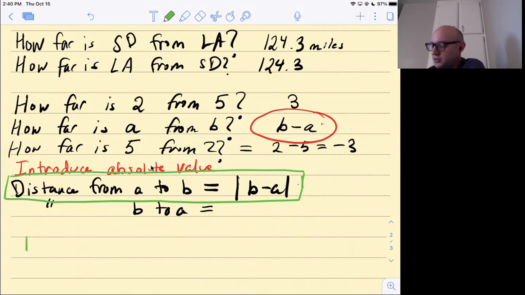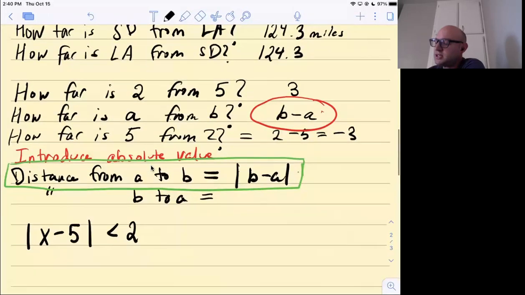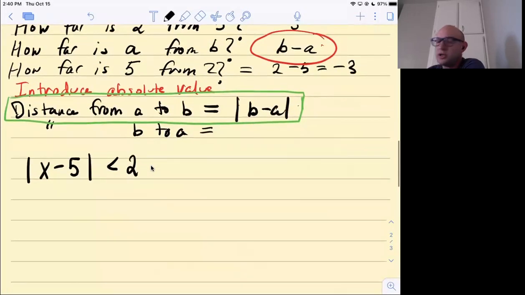So try this one: absolute value of x minus 5 is less than 2. Express the solution set to this absolute value inequality in interval notation. Or first do it on a number line and then in interval notation.